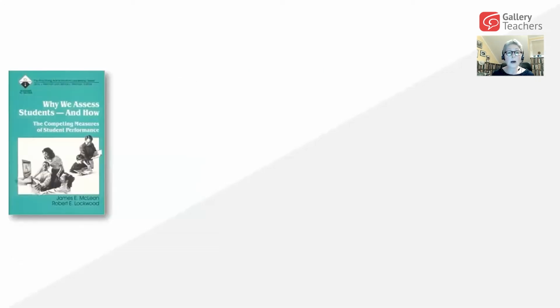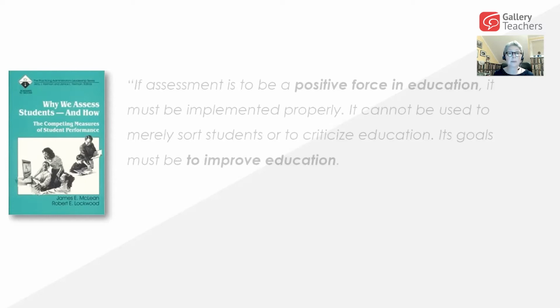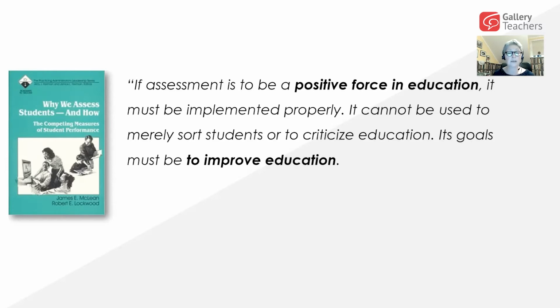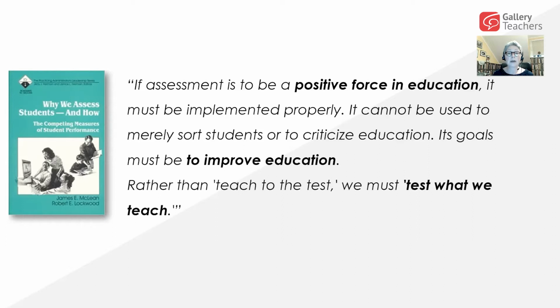In their book, Why We Assess Students and How, James McLean and Robert Lockwood stress the fact that in order to make assessment a positive force in education, it needs to be used in a way which helps improve education. And so rather than teach to test, we must test what we teach.